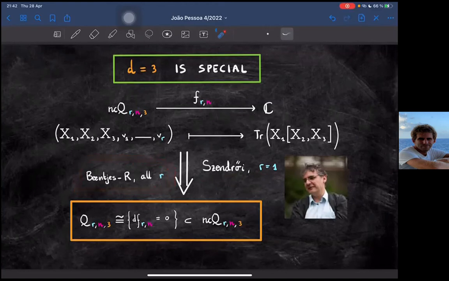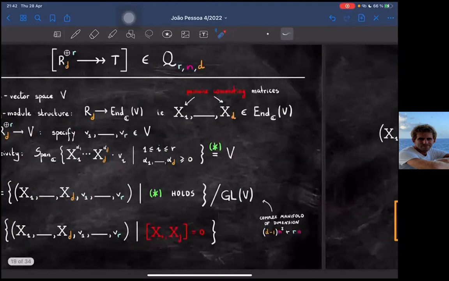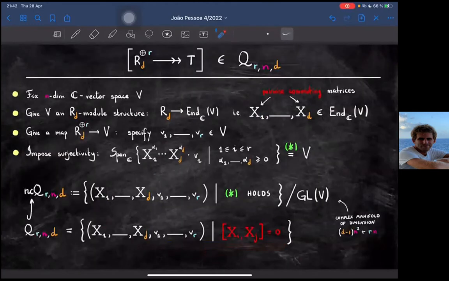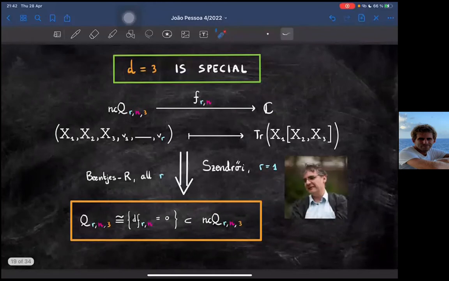But the idea is really to contemplate very intensely this function and see that its derivatives, so the vanishing locus of its derivatives, precisely cut out these conditions that the matrices commute. So we conclude that the quote scheme is a critical locus because it is of this form and because this is a complex manifold.